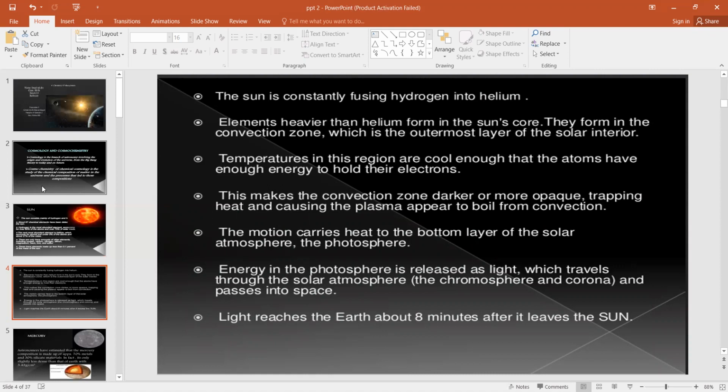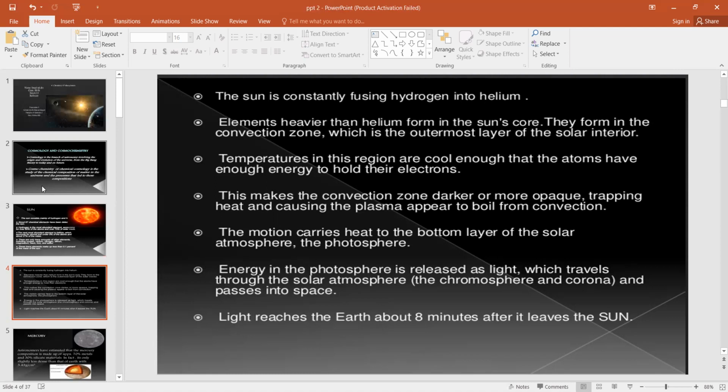Elements which are heavier than helium form in the Sun's core. They form in the convection zone, which is the outermost layer of the solar interior. Temperatures in this region are cool enough that the atoms there have enough energy to hold their electrons. This makes the convection zone darker or more opaque, which traps heat and causes plasma to appear to boil from convection.